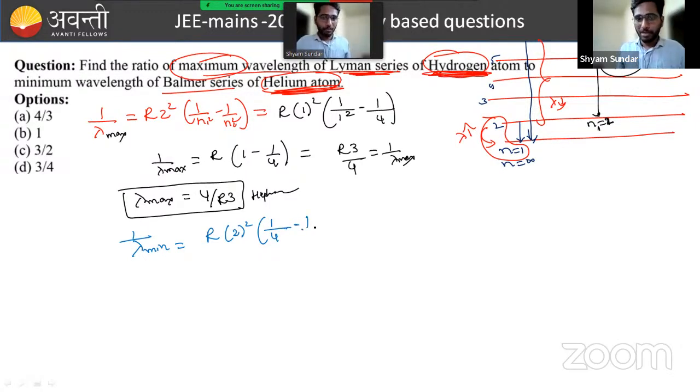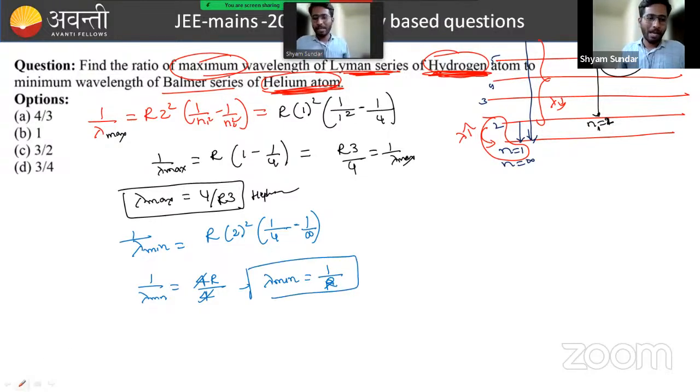Since n2 is infinity, 1 by infinity is 0. So 1 by lambda minimum equals 4 times R into 1 by 4. The 4 will be cancelled. Hence lambda minimum is 1 by R.